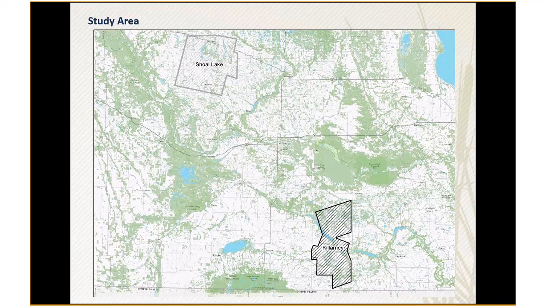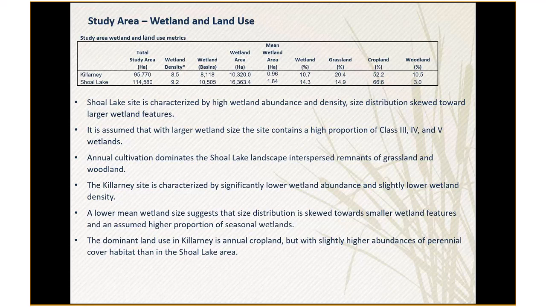They are slightly different in terms of their wetland distributions. They're both parkland sites, but we're fairly confident that these are relatively representative of the conditions that we could anticipate across the broad areas that have been mapped by CWI. Just a high level look at the distribution of wetlands and the land uses.